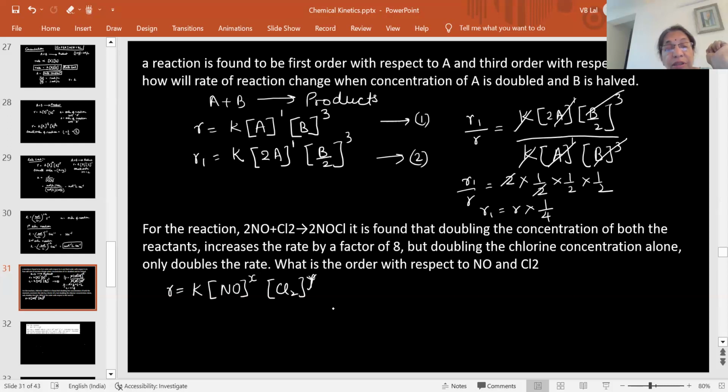So what it means is that if I make the initial concentration of NO and Cl2 A and B, so this is my initial concentration. What did I do? I doubled.